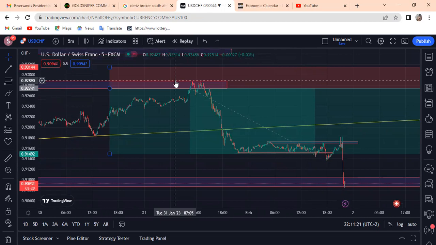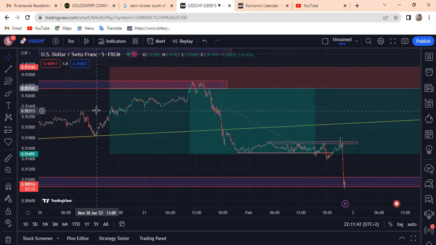Basically, that's what an order block is: an area of interest where the market has placed and set orders. There are different types of order blocks: retracement order blocks, execution order blocks. We're also going to go on a separate tour of what order blocks are.